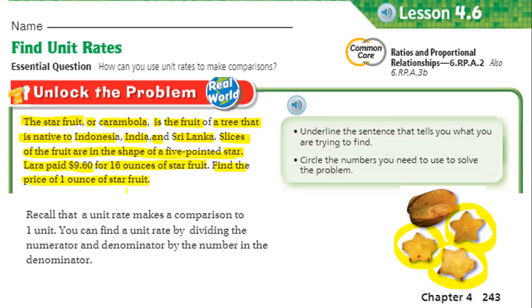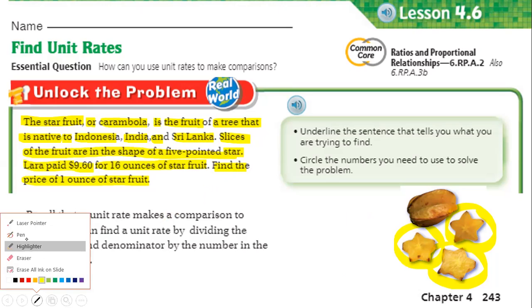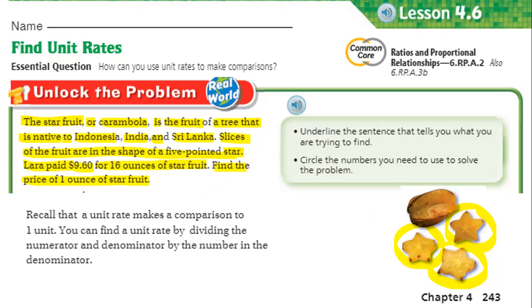So what should I do right now? What operation should I use to find the price of 1 ounce? Muhammad, what operation should I use? Divide. That's right. Let's divide.